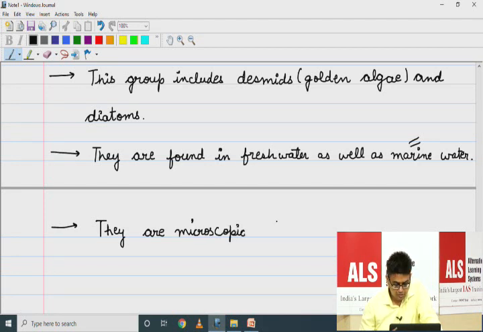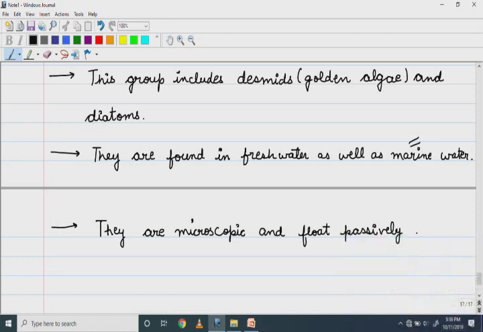Basically what happens is they can float in water, although they are very heavy. They have a cell wall which has silica particles, glass-like particles embedded in its structure. They are microscopic and float passively in water currents.